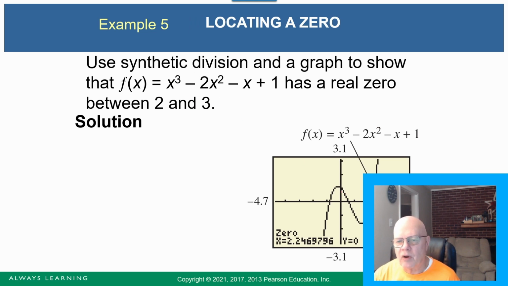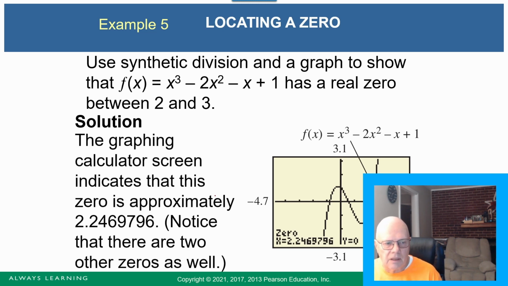So here we go. Here's a graph. There's 2 somewhere like that, and 3 is somewhere like that. So somewhere between those two, you cross the x-axis. And it looks like it might be, I don't know, 2 point something anyway. And if you try that with your calculator, you can hit trace, for example.